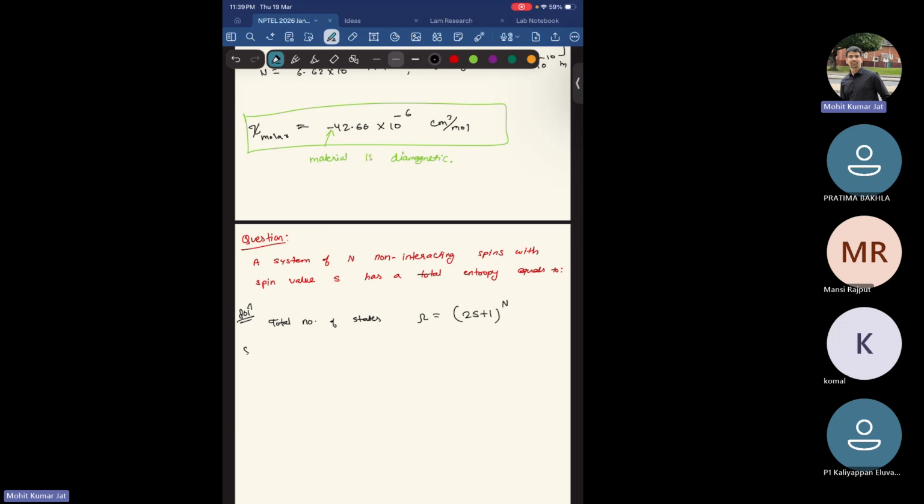And entropy, we know that S is equal to k_B ln omega, where omega is the total number of states, and if we do so we get n k_B ln (2s plus 1).